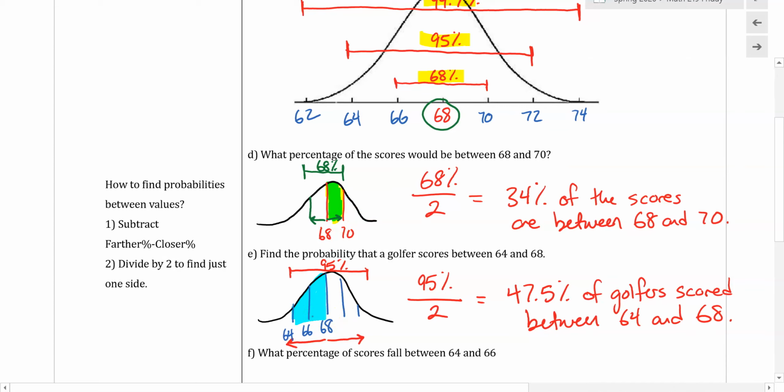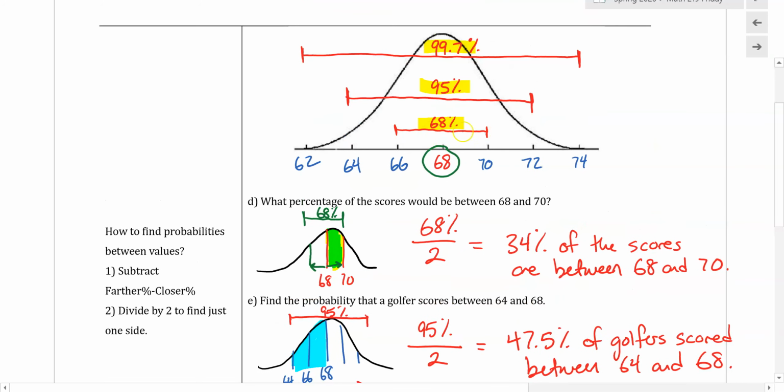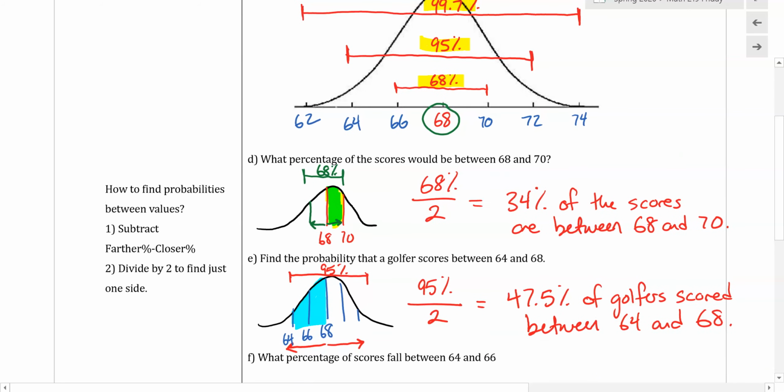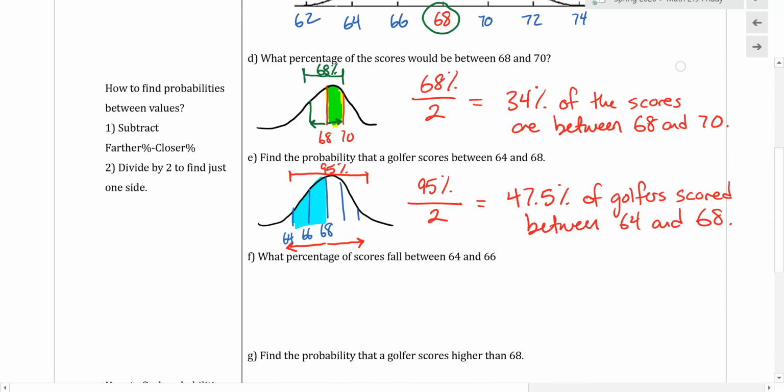Then the empirical rule kind of breaks down, because it only tells us how to handle 1 standard deviation left or right, or 2 standard deviations left or right, or 3. Any other number than that, like 1.5 standard deviations, we either need to rely on some technology to help, or a z-table, which we'll get into shortly. Anyways, let's just keep chugging along with this.